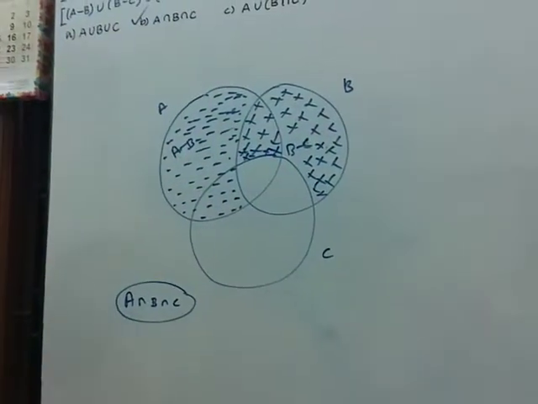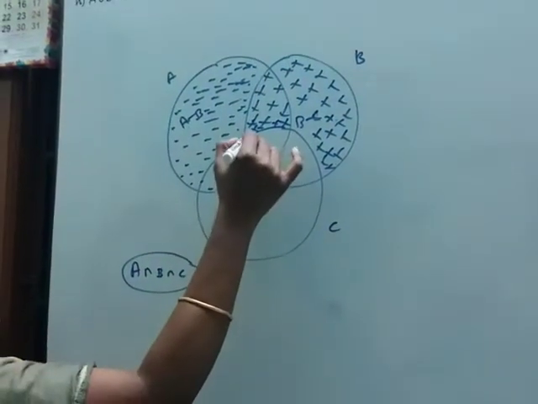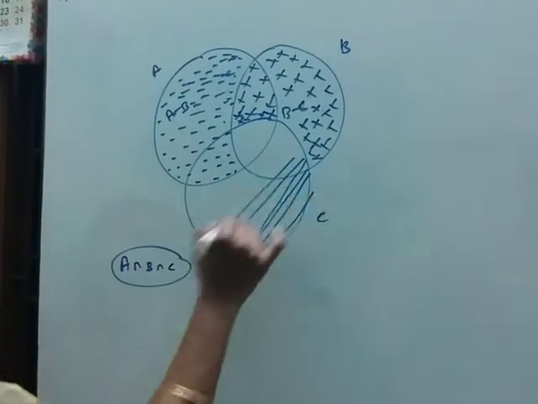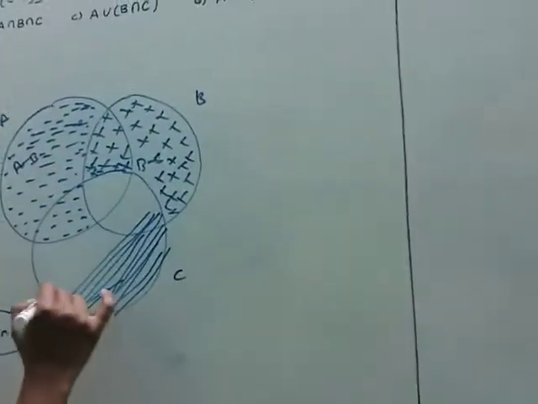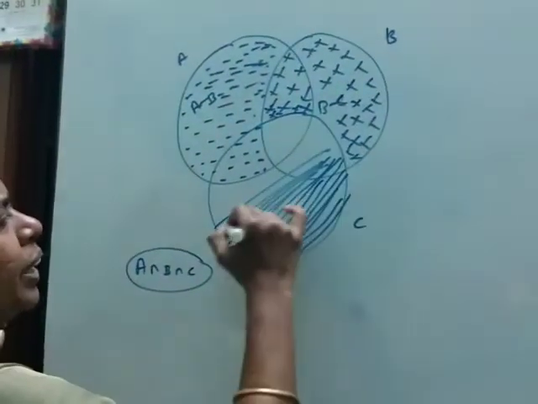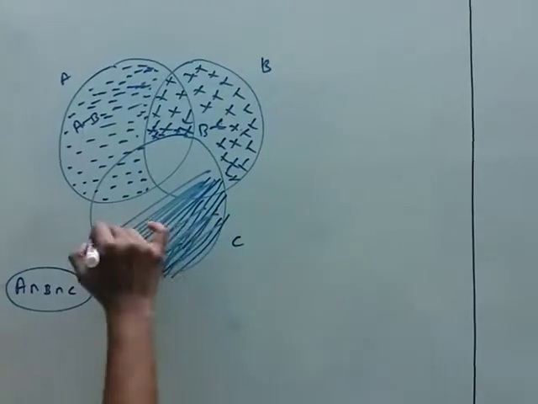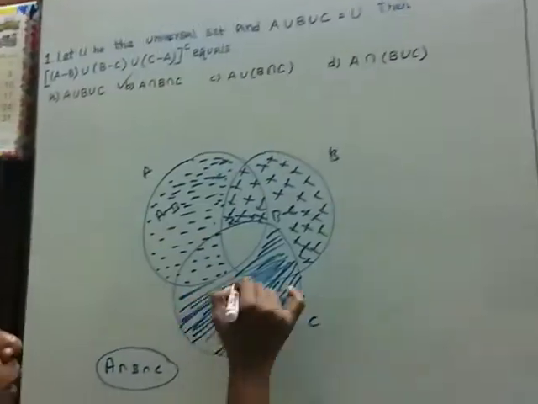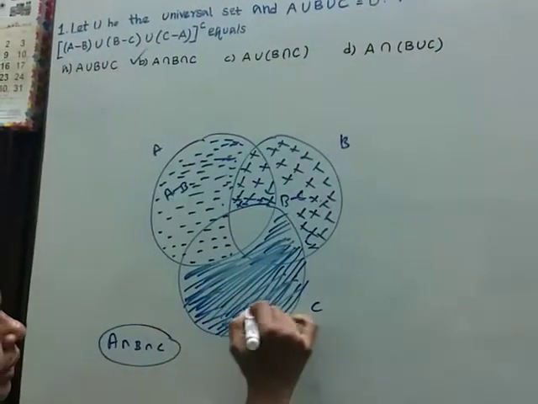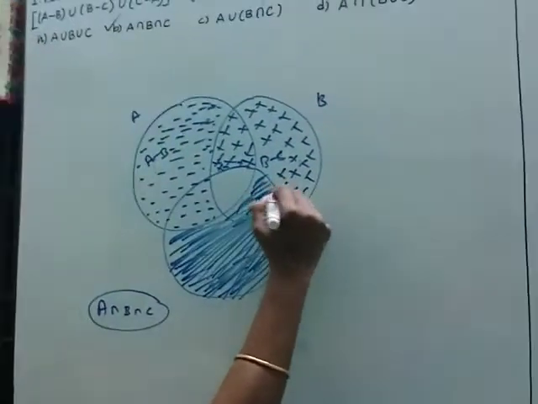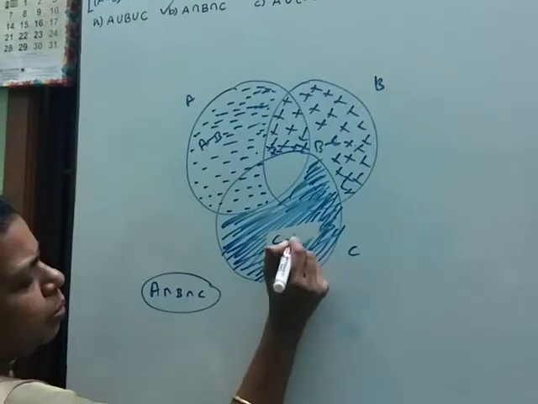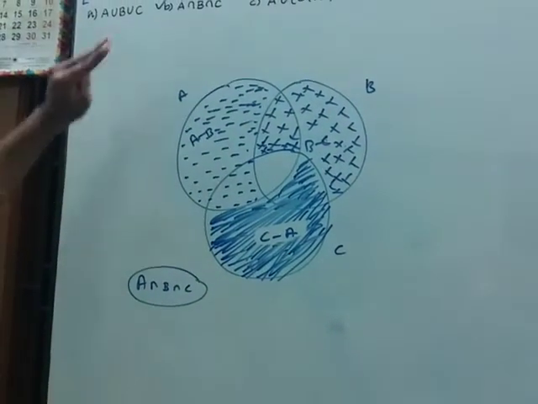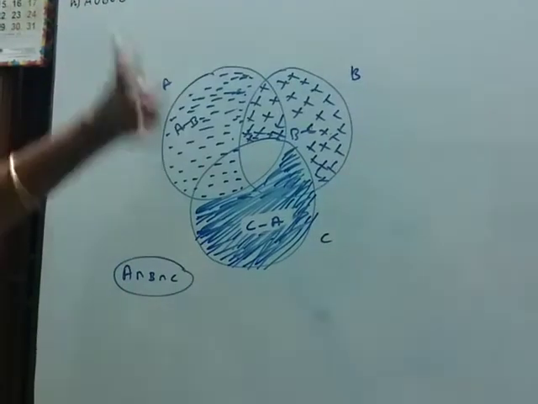C minus A. So in your union, of all that shaded portion, you are having only one portion that will be not shaded here. That is represented as A intersection B intersection C. It's clear? So this shaded is our C minus A. Okay. Is it clear? So simply from that Venn diagram itself we got that answer, A intersection B intersection C.